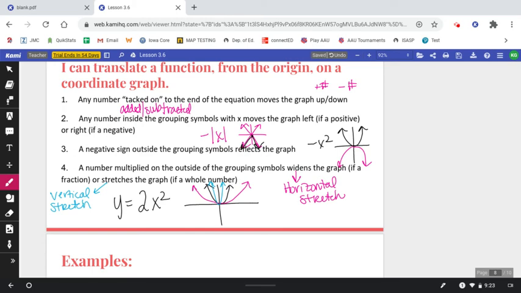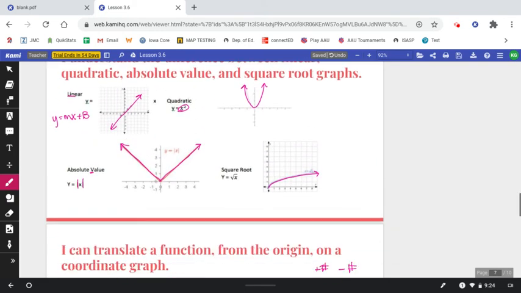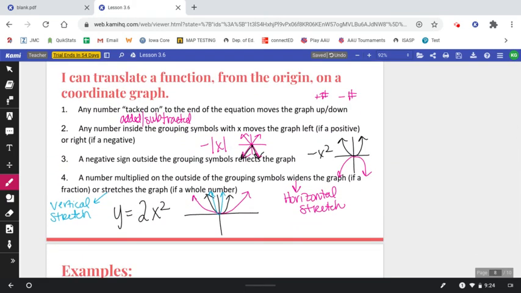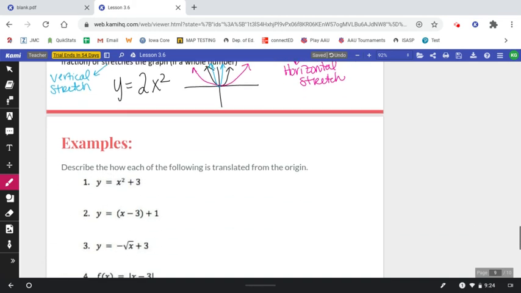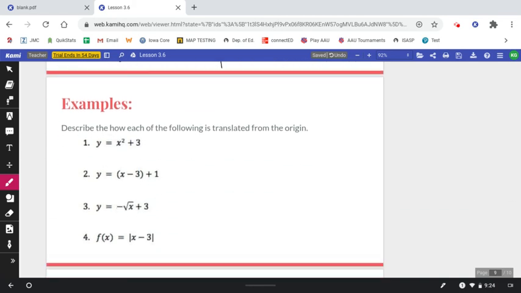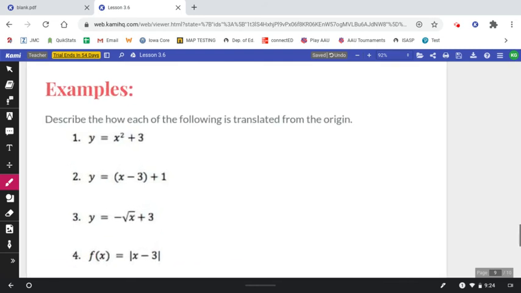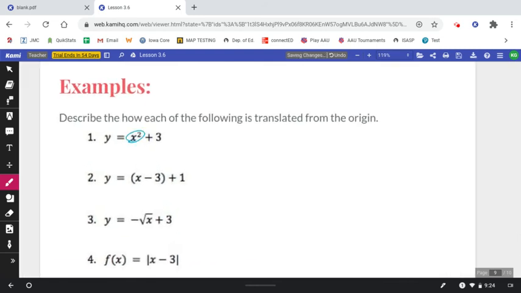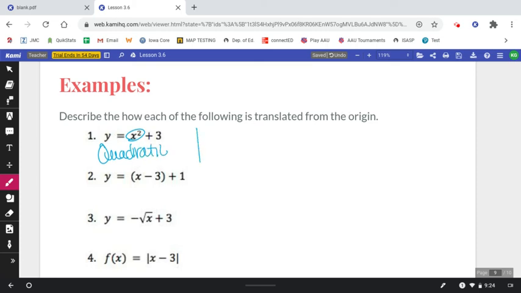So we're going to be looking for all of these things after we determine what type of graph it is based on its equation. Then we're also going to determine how it is translated from the origin. So on this first one, looking at the equation, I see the x squared value here, and so I know that this is a quadratic. And I know that the graph of a normal quadratic looks like this.